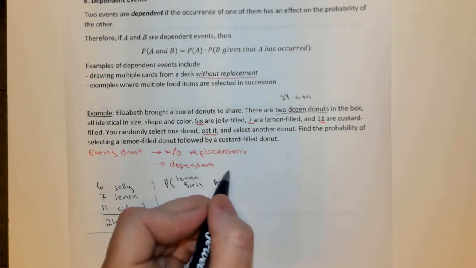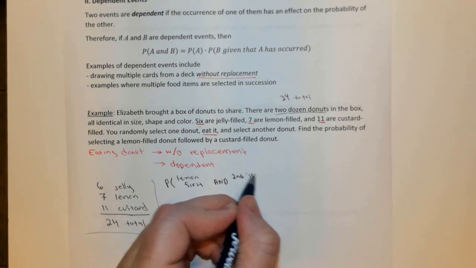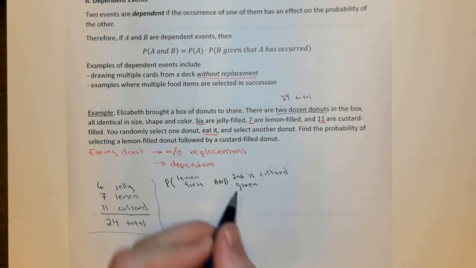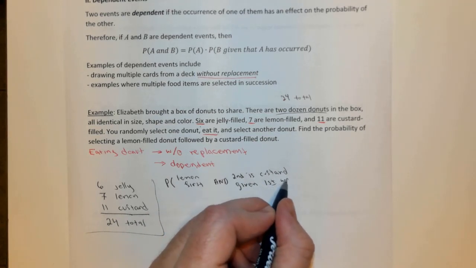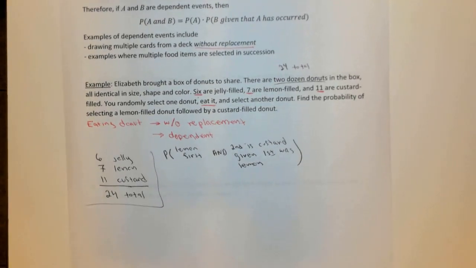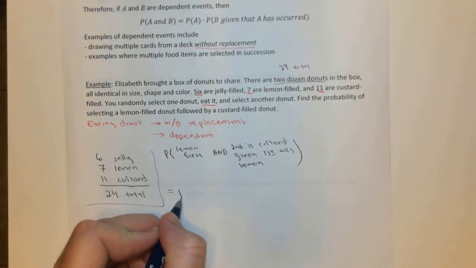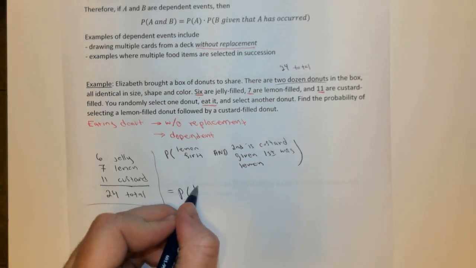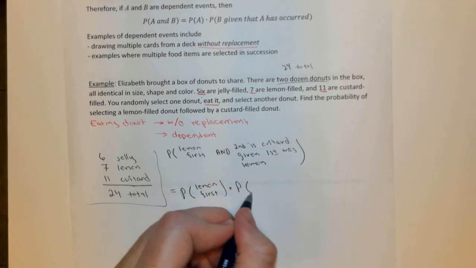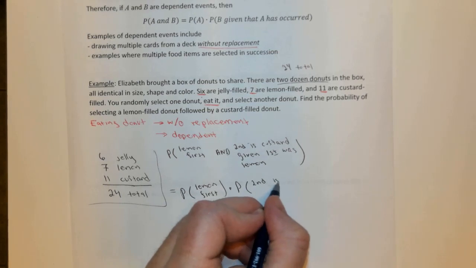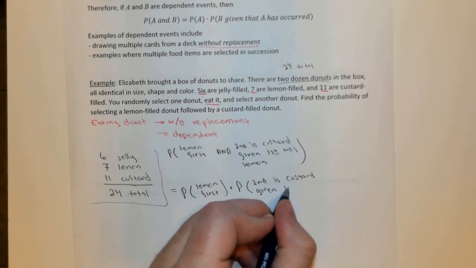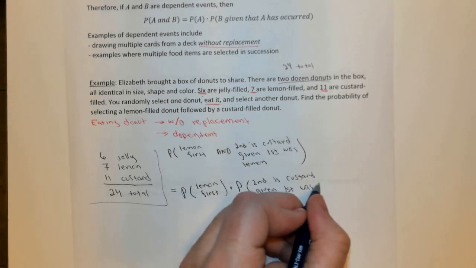So second is custard given first was lemon. Okay. So the probability that lemon is first times probability second is custard given first was lemon.